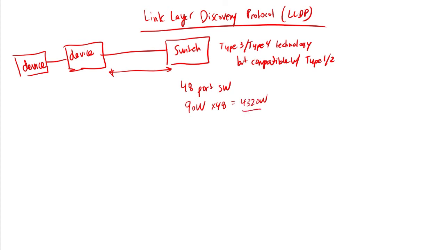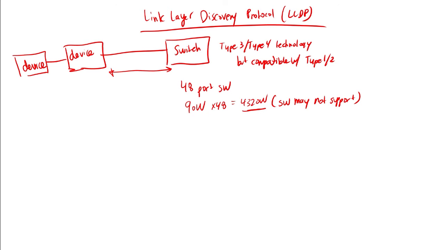So the switch may not have the capacity to support that much power. So if it's sending 90 watts to the first device and 90 watts to the second, etc., etc., it's going to run out of power.